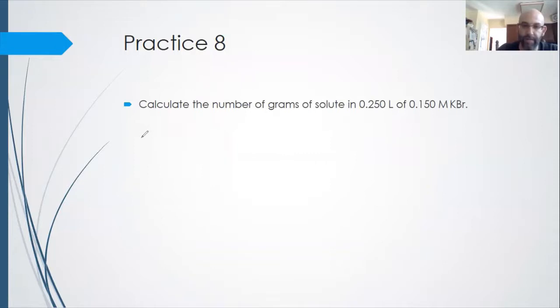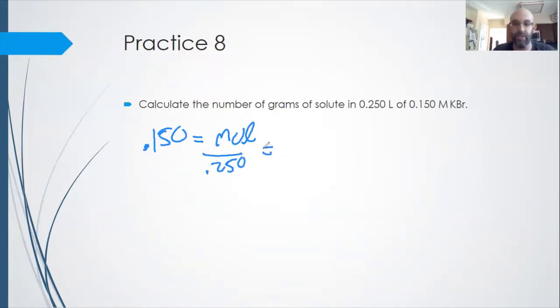So how many grams of solute in 0.250 liters of 0.15 molar potassium bromide? So molarity equals moles per volume. So if we just set it up like this, 0.15 times 0.25, and that's 0.0375 moles of potassium bromide.